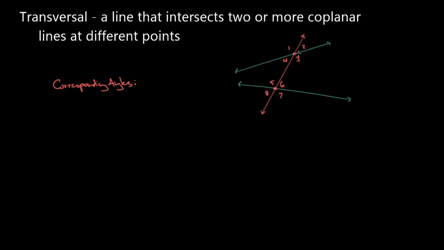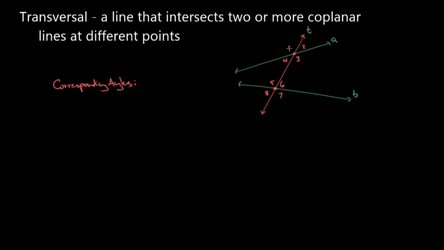Each of these pairs of angles I'm going to talk about, one of them exists up here at the intersection of this top line. We'll call this line A and this line B. This will be T for transversal. So each of the angle pairs I'm talking about, one exists on my transversal T but on line A, and the other one will exist on my transversal T but on line B. The corresponding angles are the angles that are in the same positions.